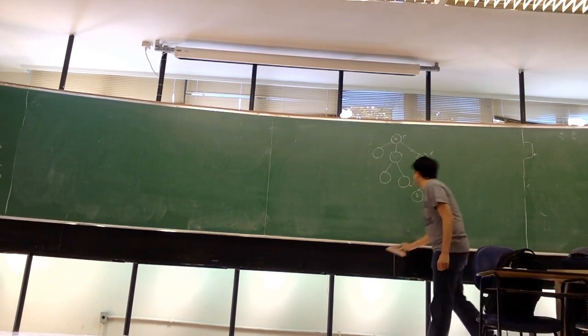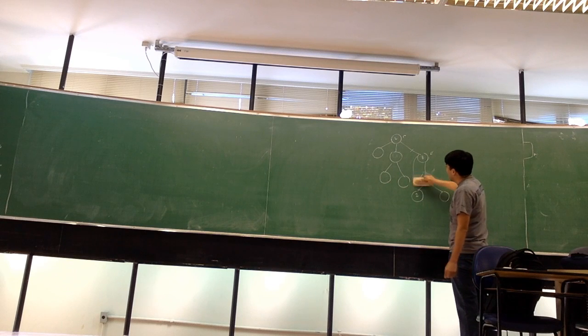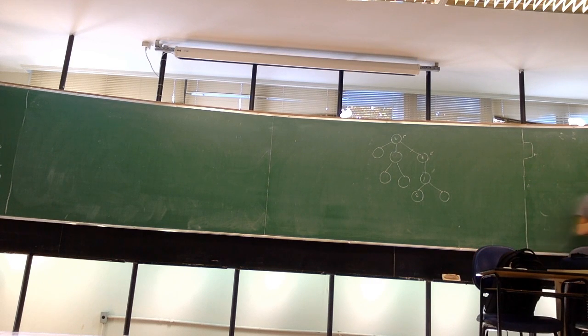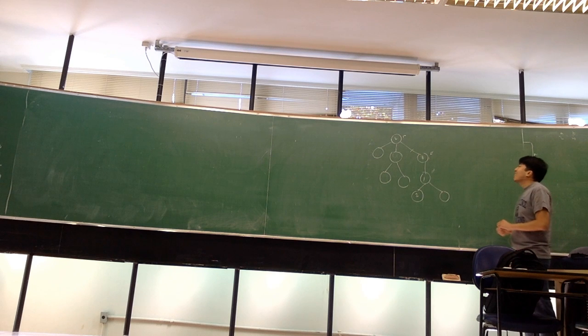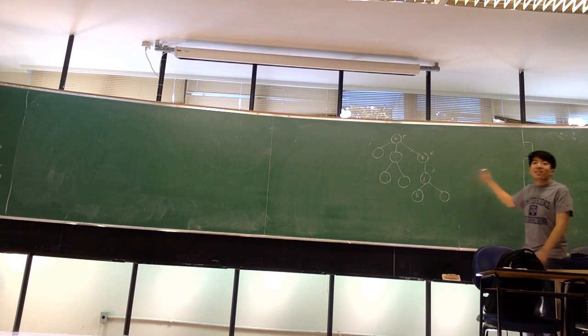Cool. So in order to solve the problem, you first have to think about who has a winning strategy for a fixed tree. Who here is not familiar with some basic game theory? The Nim game.